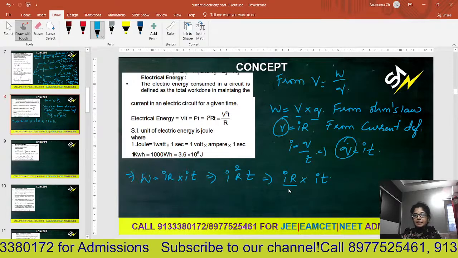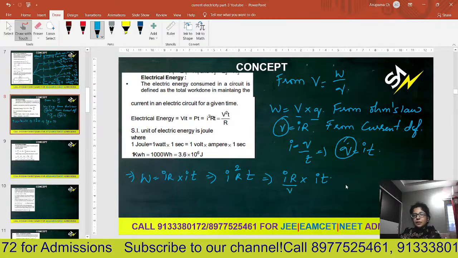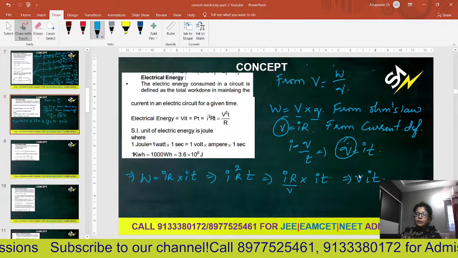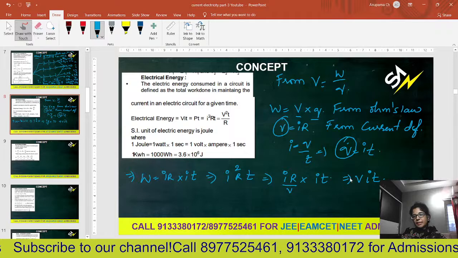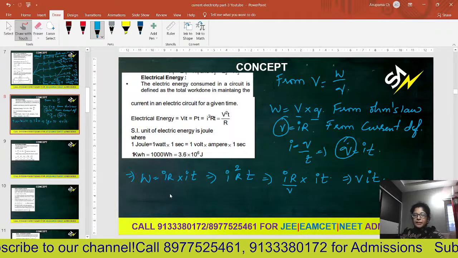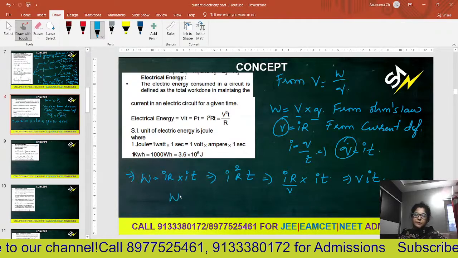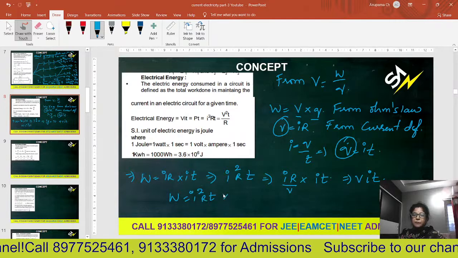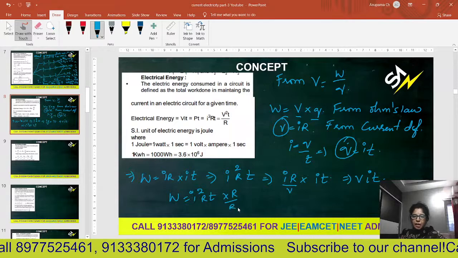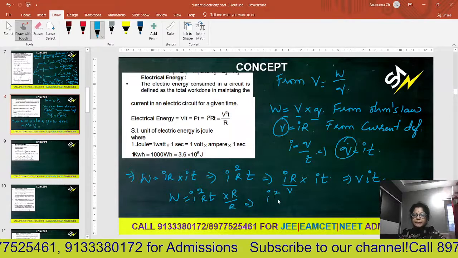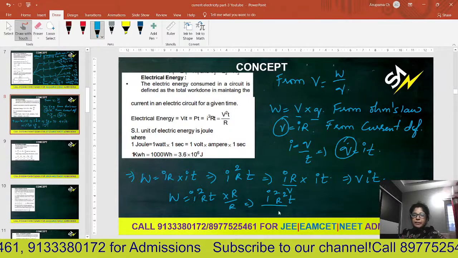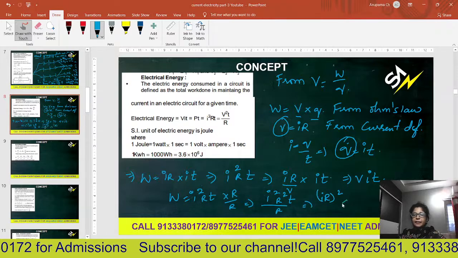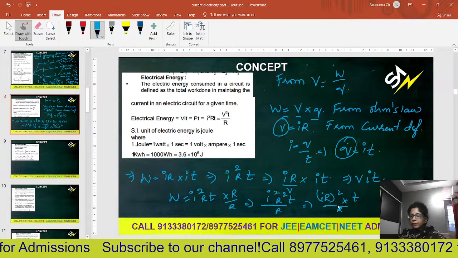IR is nothing but V, since V is equal to IR. So this will be VIT. That also we can write. Now the same, if you take W is equal to I square RT and multiply with R up and down, you get I square R square T by R. This is IR whole square into T by R. What is IR?